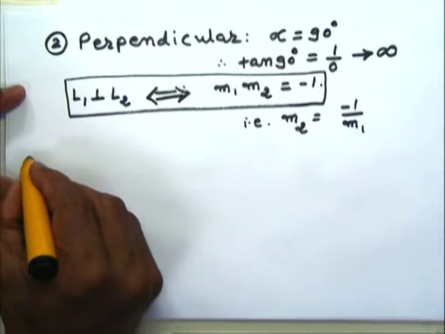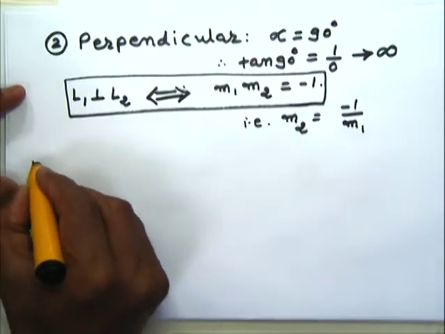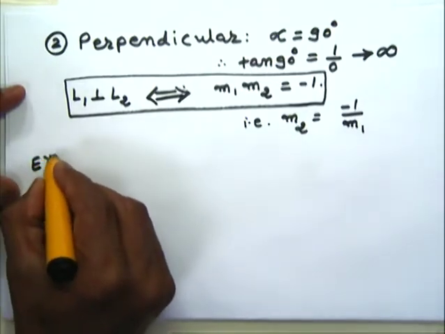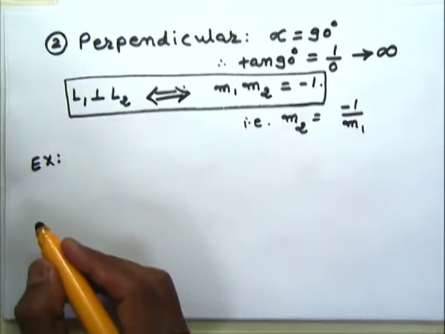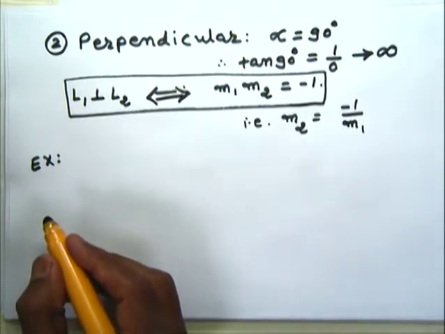So that was the conditions for parallel and perpendicular lines. Let us further see how to solve the examples using this idea.